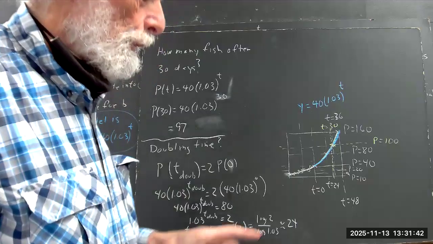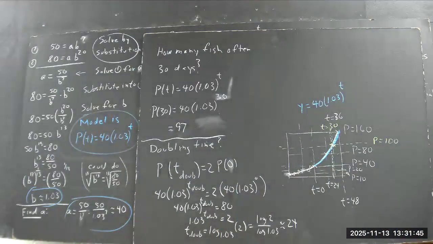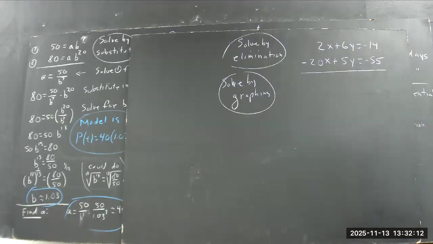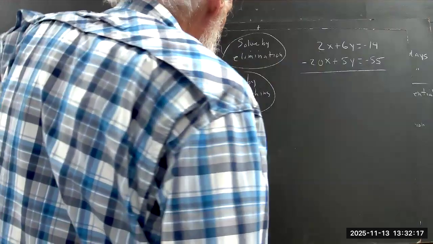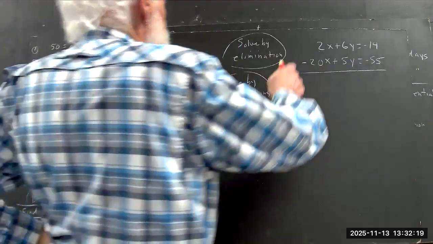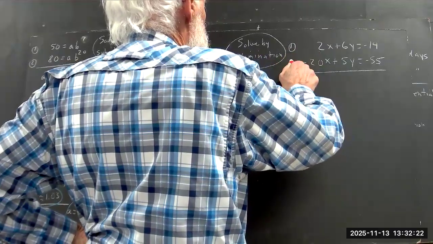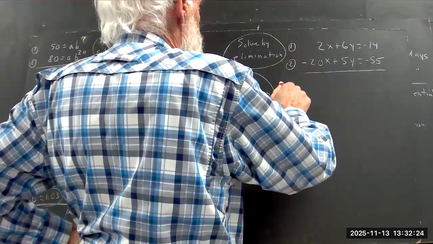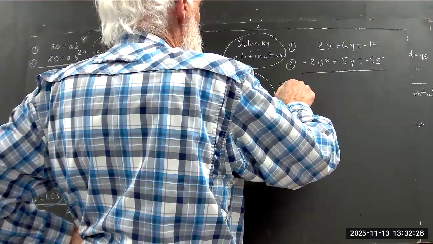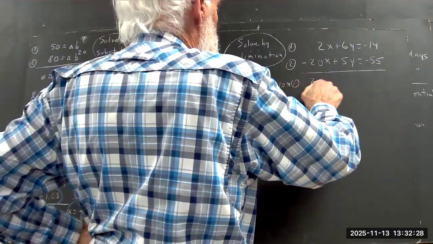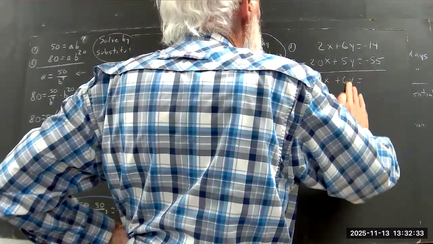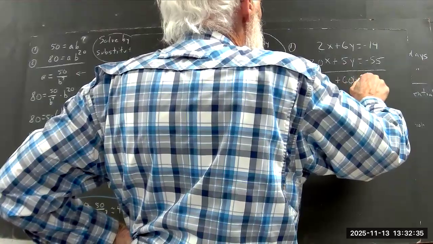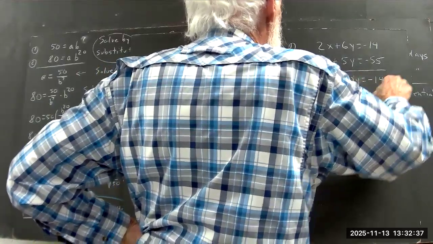Okay. Well, I do want to move on to the simultaneous equation. I want to solve this equation by elimination and by graphing. Okay, well, elimination, this would be equation 1, this would be equation 2. If we do 10 times equation 1, we get 20x plus 60y equals negative 140.